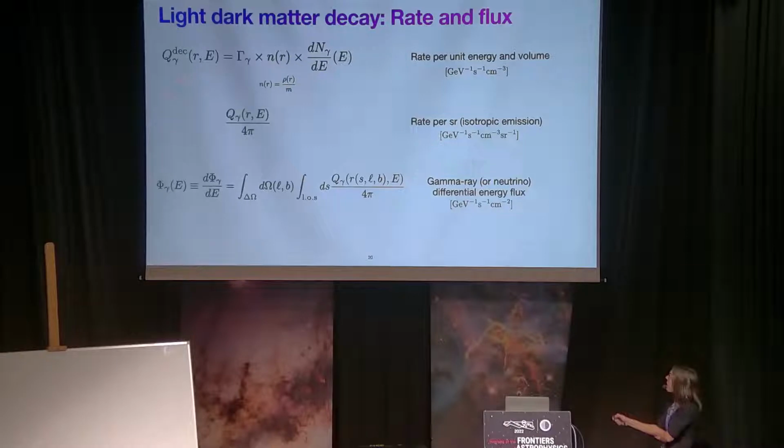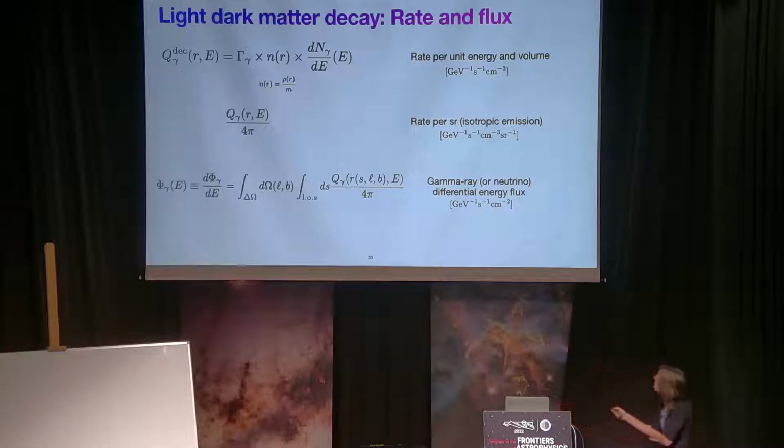You can then get the rate per steradian in the case of isotropic emission, as we think is the case for dark matter. By integrating this quantity over the solid angle and along the line of sight, we get the gamma ray differential flux. That is the quantity that we need to compare with data.